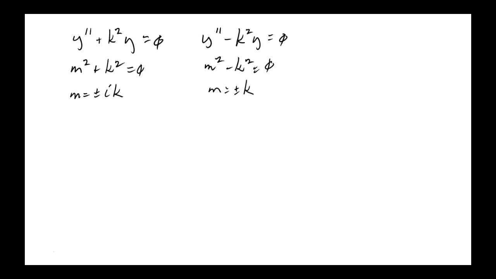The first case here would then be your real part is 0, so that would be y is equal to c1 cosine kx plus c2 sine kx.